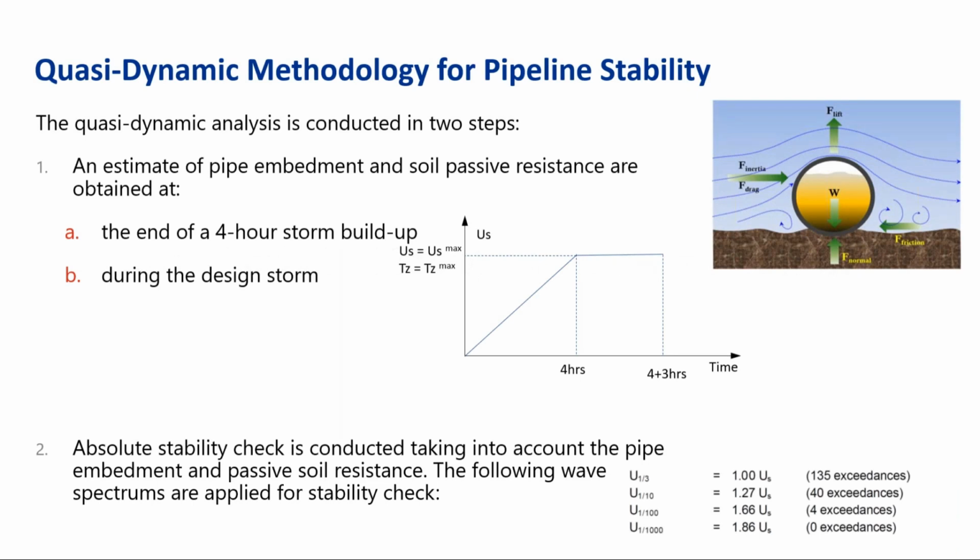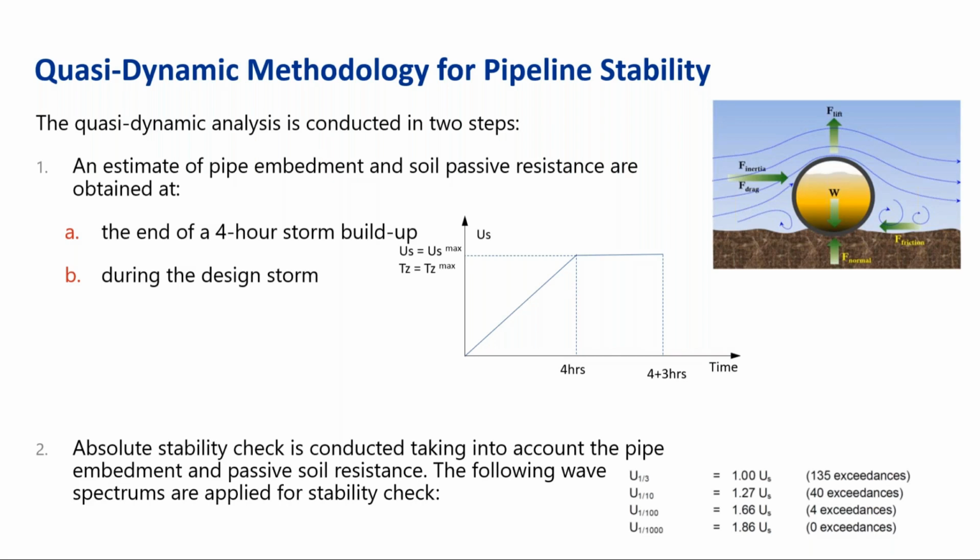Right. In particular, for level 2, when we look at the methodology, the stability analysis is done in two main steps. Step one: an estimate of pipe embedment and soil passive resistance is obtained.